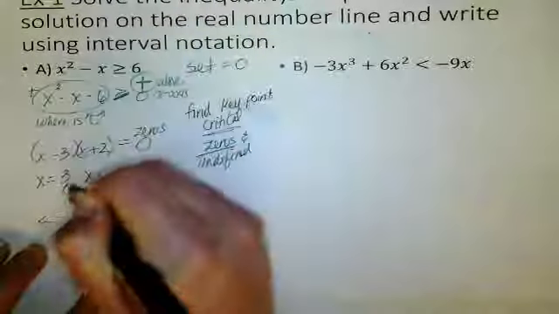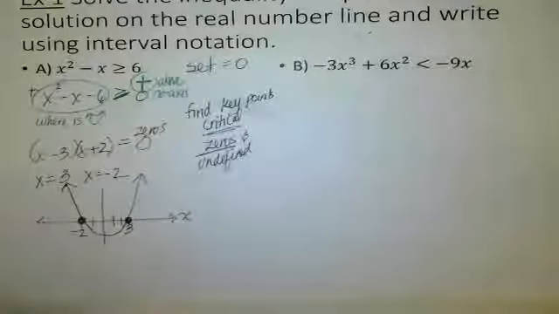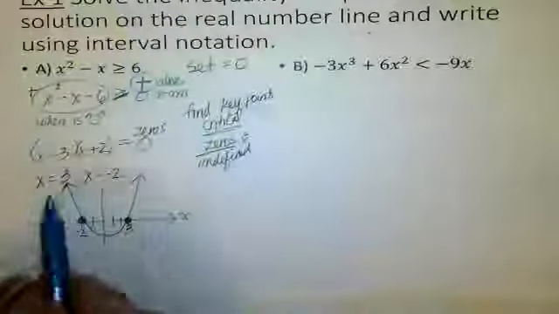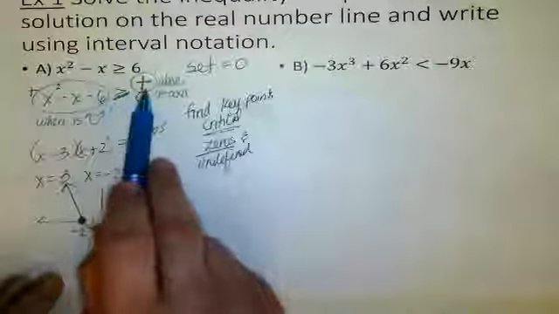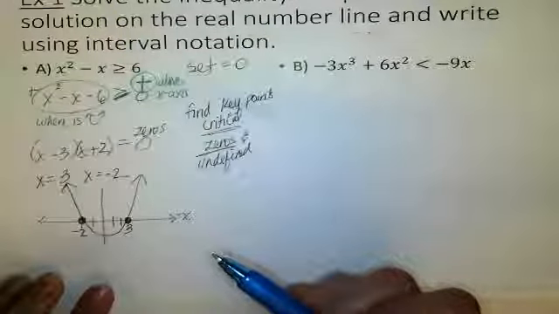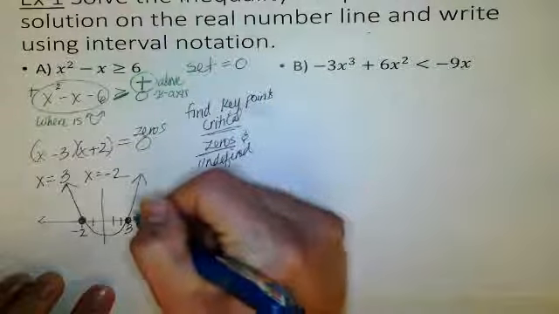We don't have to go for a brilliant picture here, but we are looking for where our parabola is greater than or equal to 0. Which means, where do we have positive y values?